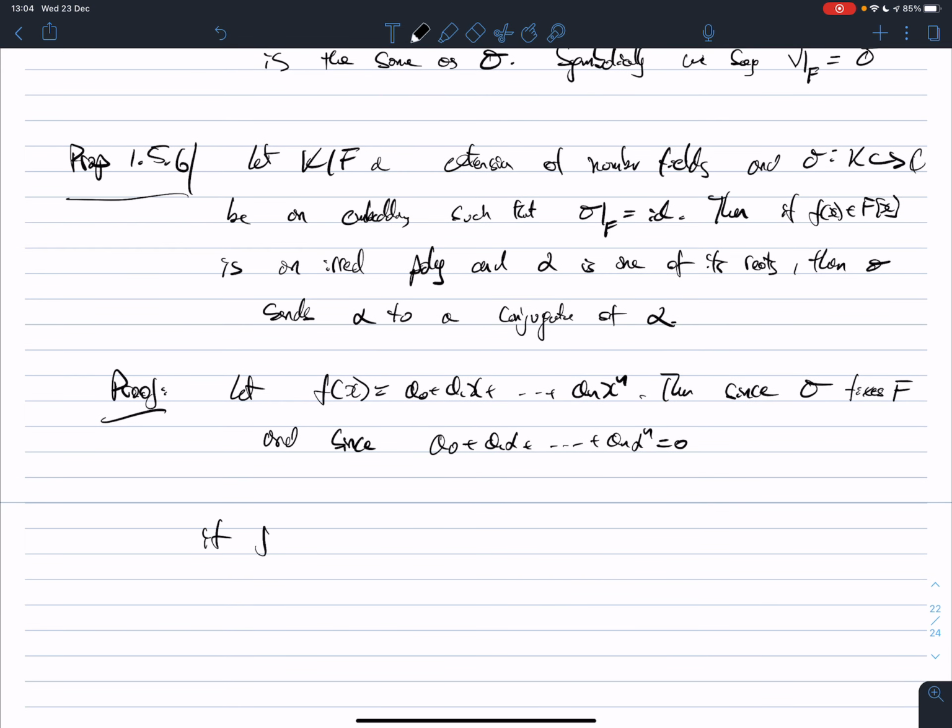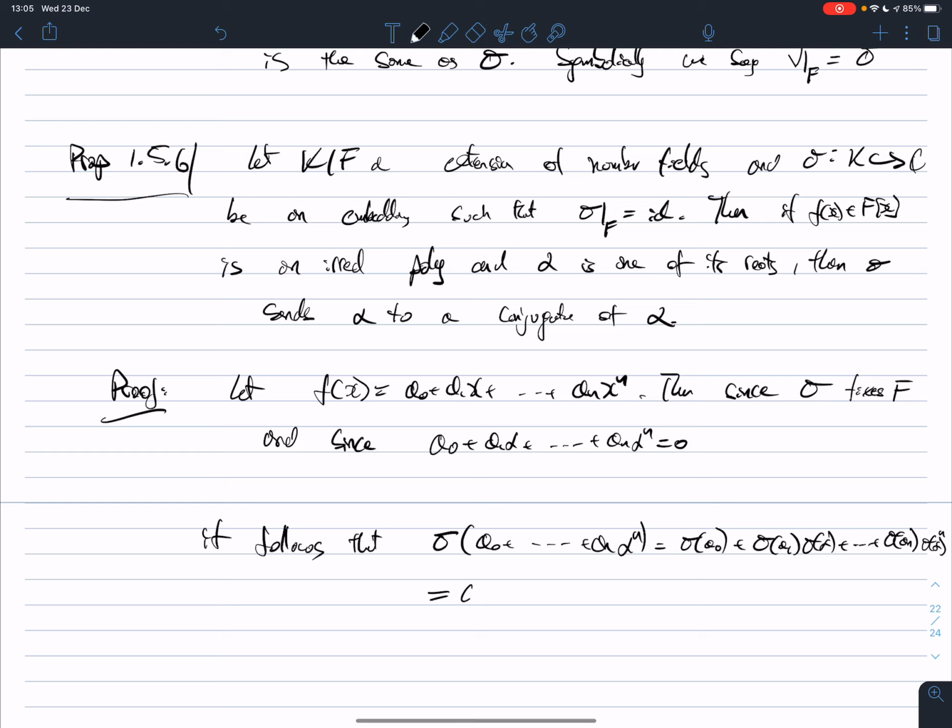It follows that if I apply sigma to this equality, I get sigma of a0 plus sigma of a1 times sigma of alpha plus ... plus sigma of an times sigma of alpha to the n.